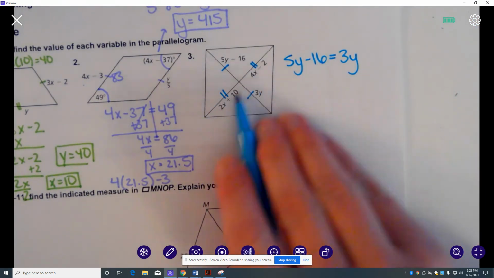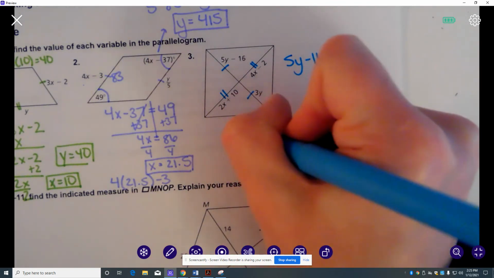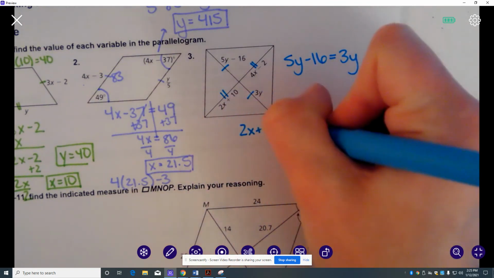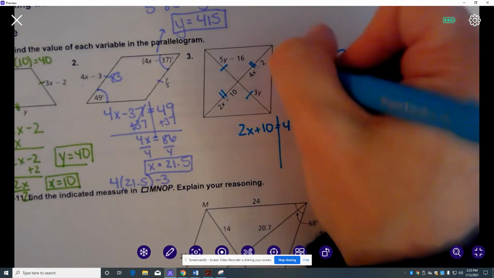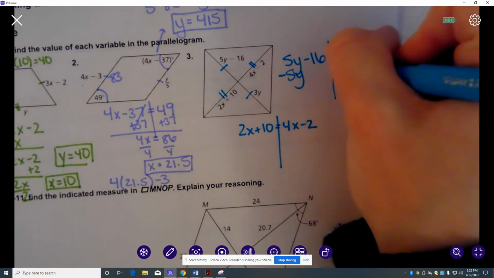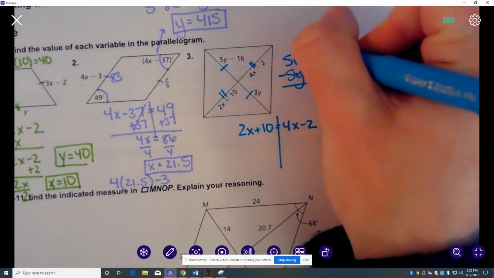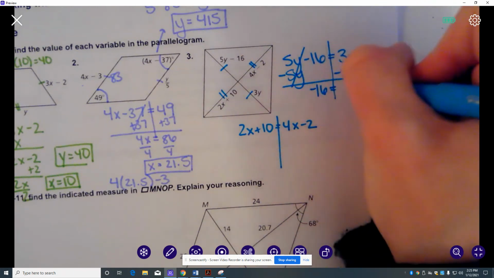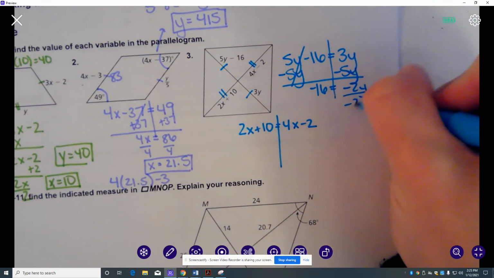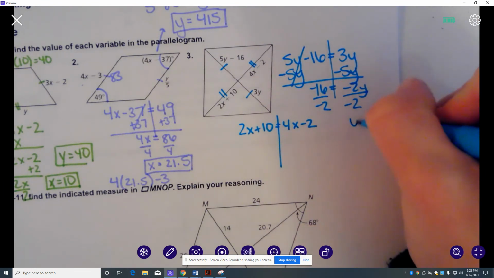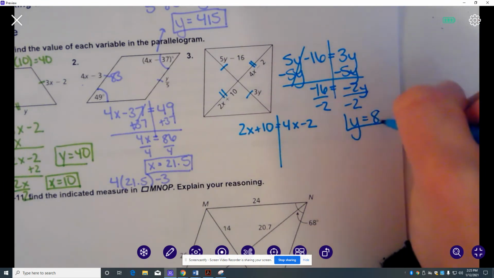The other equation we need to solve is that 2x plus 10 must be equal to 4x minus 2. So we're going to go ahead and solve both of those equations to get our x and y values. I'm going to get all my y's on one side, and I get that y is equal to positive 8.